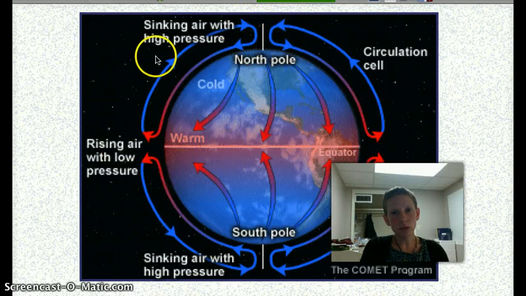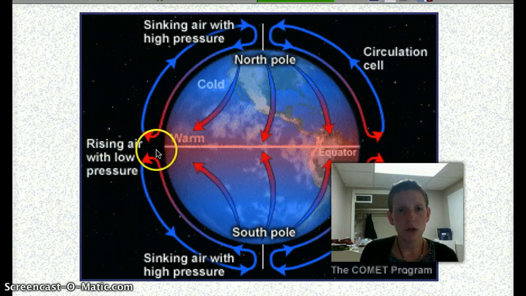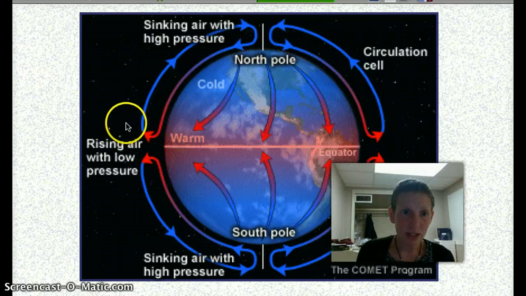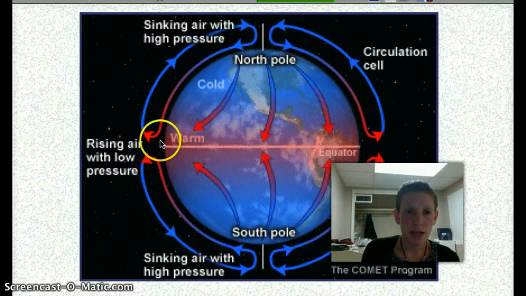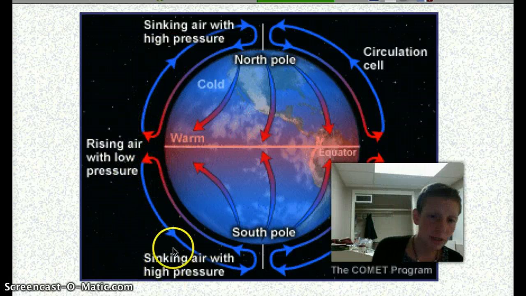So what we're looking at here is a simplified version of the convection concept. So when the solar radiation hits the equator, that creates warm air in that area. And then we know warm air rises, and so we get this uplift of warm air near the equator. And then it could either go north or it can go south.